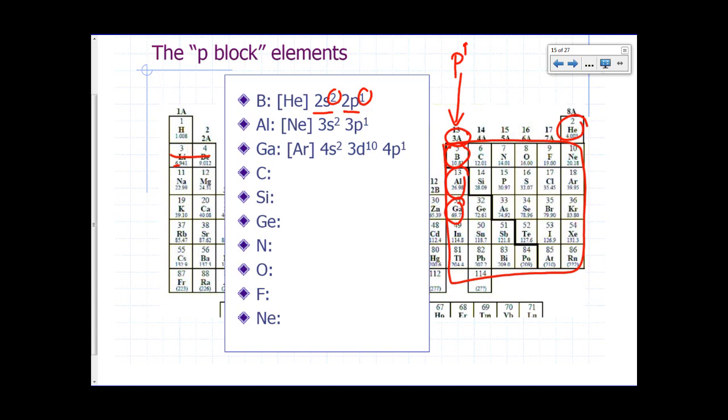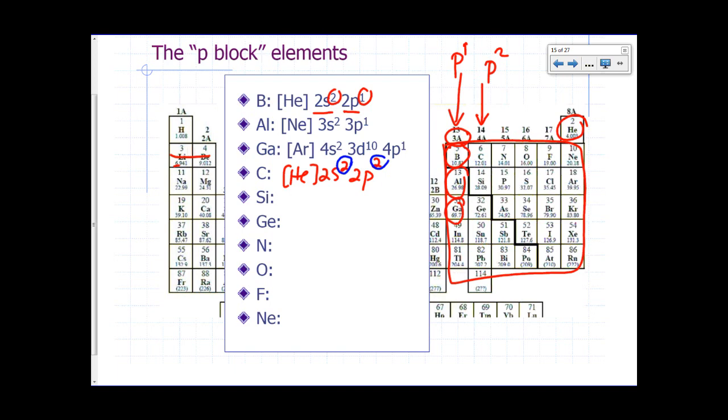The valence s and p subshells for this column 14 would have 4 valence electrons, because this is going to end up with p2. Carbon, for example, would have a helium core, and then 2s2, 2p2. So you're looking at 4 valence electrons for carbon, 4 outermost electrons.